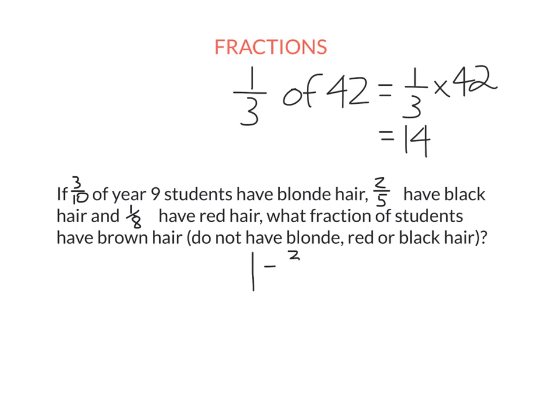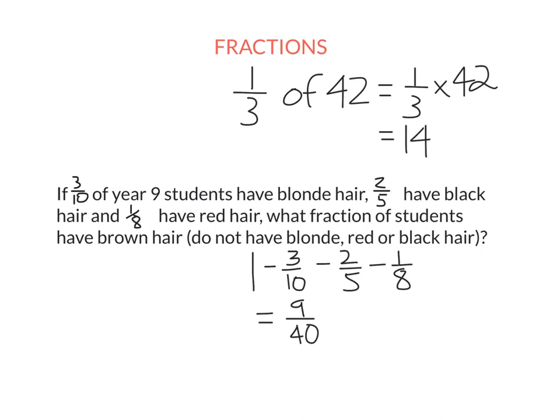So we subtract 3/10 of students that have blonde hair, 2/5 of students that have black hair, and 1/8 that have red hair. And so putting that on your calculator, you should get 9/40. So 9/40ths of the students have brown hair. So just make sure you know how to use your calculator to get that answer.